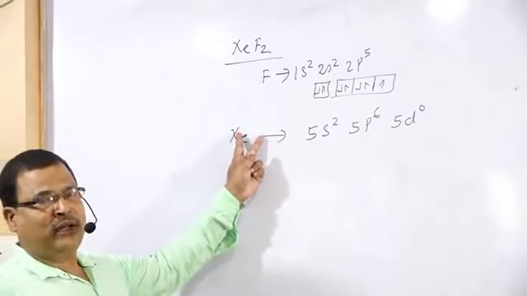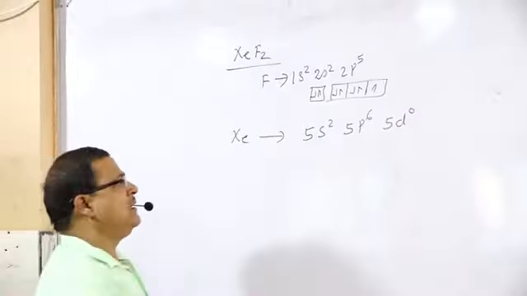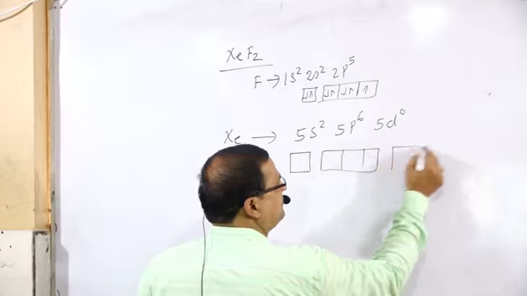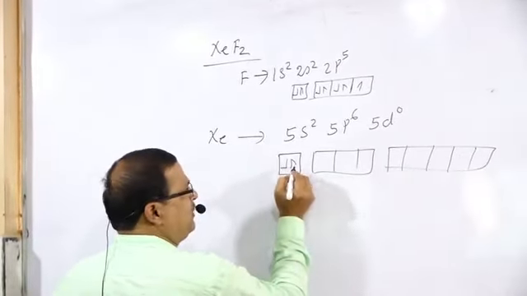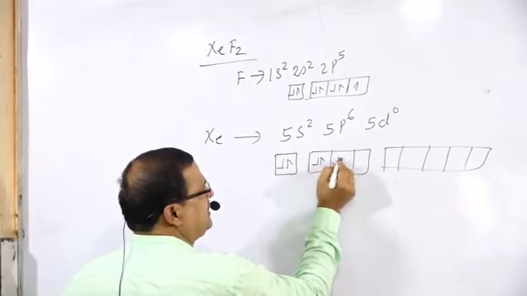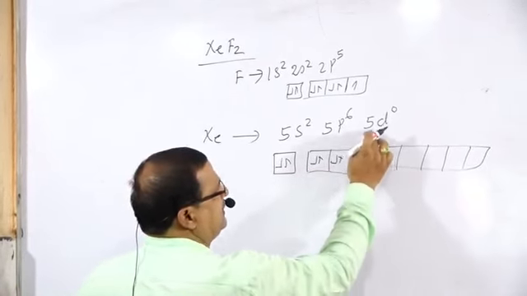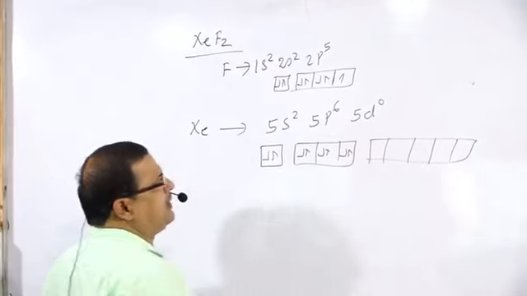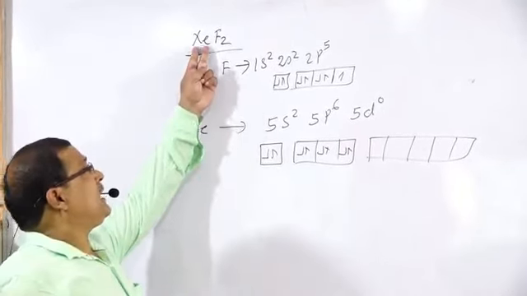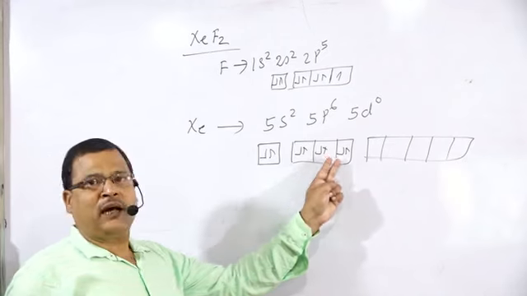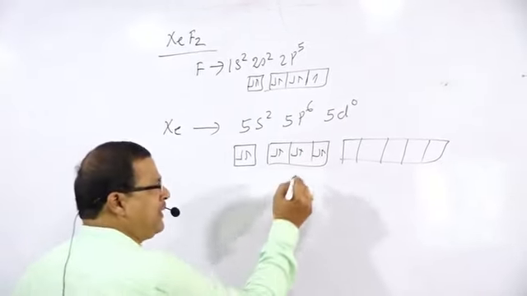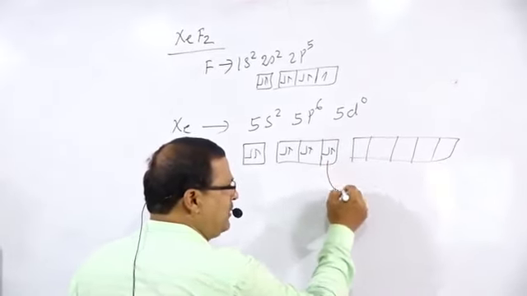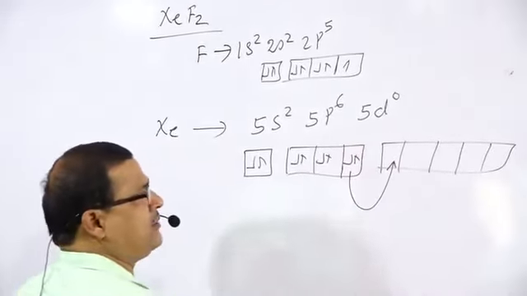Xenon has low ionization potential, therefore an electron can be promoted to the vacant d orbital. 5s2 one pair, 5p6, then this is the vacant orbital. Xenon forms two bonds, so it must have two unpaired electrons: one pair becomes unpaired, and one electron will be promoted to this vacant d orbital.